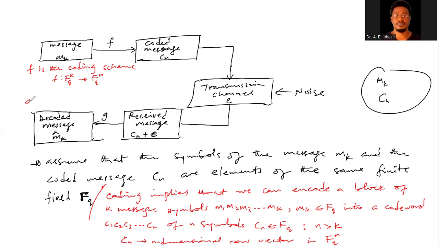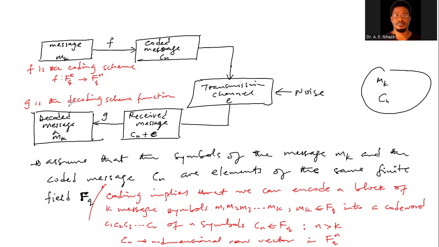While G is the decoding scheme function. So if the coding scheme function maps the finite field of length K to length N, then what will decoding do?